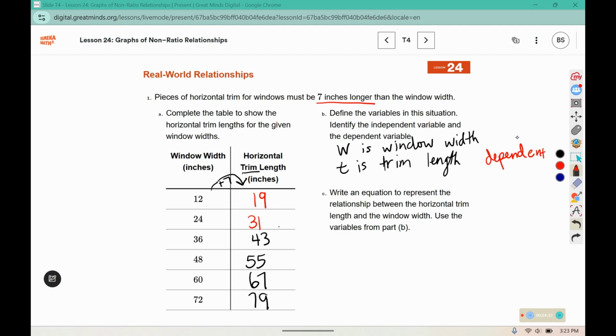And the window width is the independent variable. C. Write an equation to represent the relationship between the horizontal trim length and the window width. Use the variables from part B. The trim length is the window width plus 7.